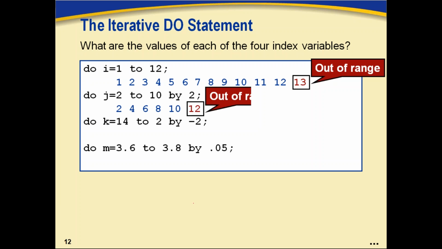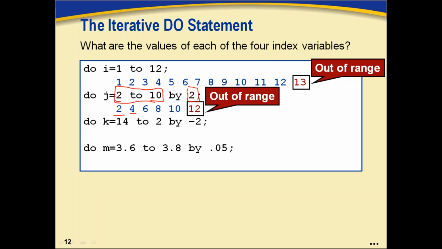So if you say j equals to 2 to 10 by 2, how many times will the loop execute? It started with 2, and the maximum value is 10. Every time you are incrementing by 2, so j values will be 2 followed by 4.